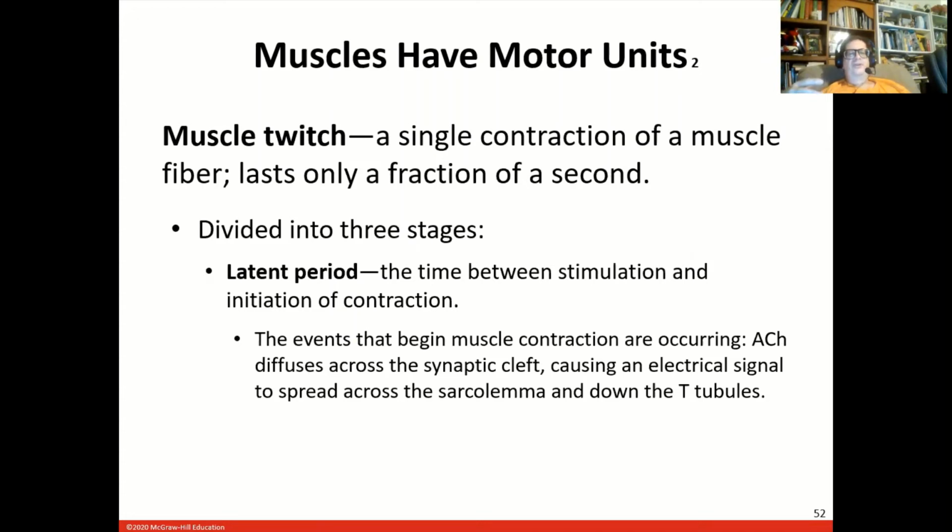An electrical signal is coming down the sarcolemma, the plasma membrane, and down the T-tubules. Remember, the T-tubules stick down in, so you have a piece of plasma membrane and these transverse tubules that go down. What they're doing is carrying that electrical signal down super close to the sarcoplasmic reticulum. Fancy name for the endoplasmic reticulum, specialized to hold calcium.